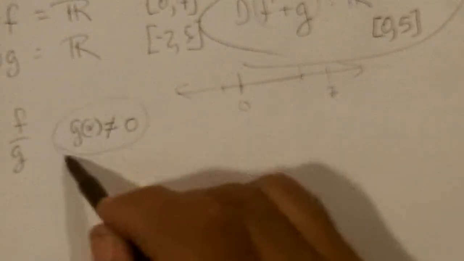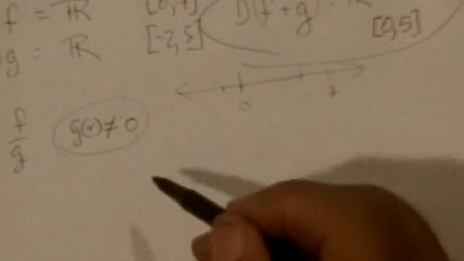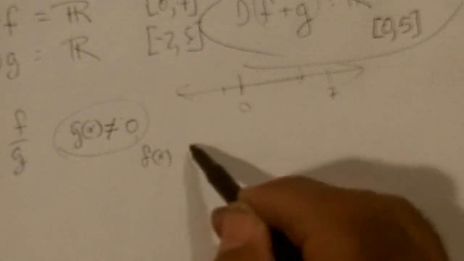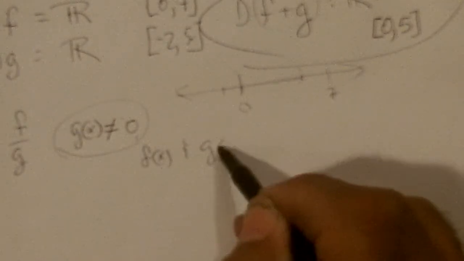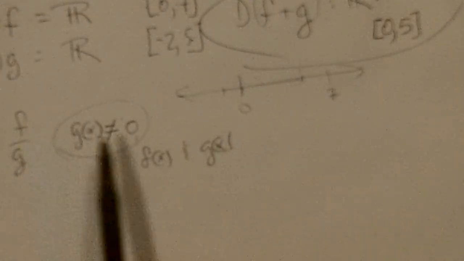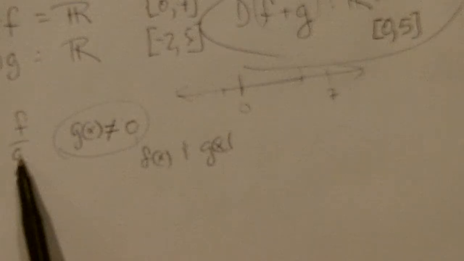So the domain is every place except when g is 0, that are in the domain of both f and g. So you have to be able to do f of the x's, you have to be able to do g of the x's, and you just can't use an x that causes g of x to be 0. That's what they wanted you to say.